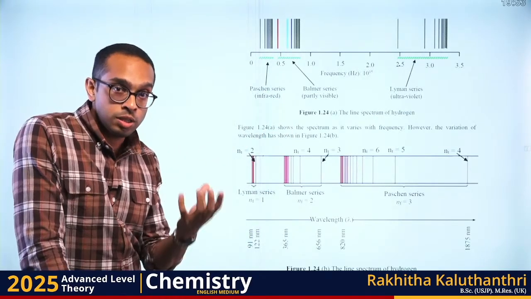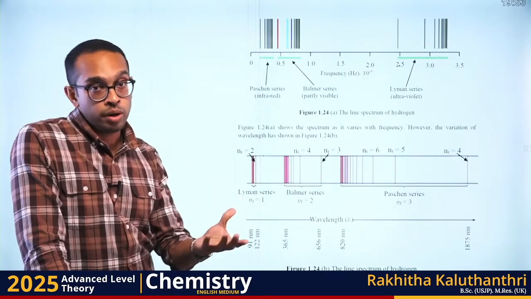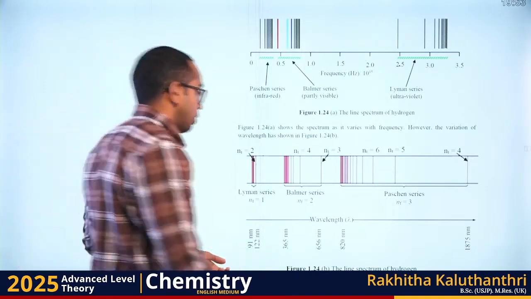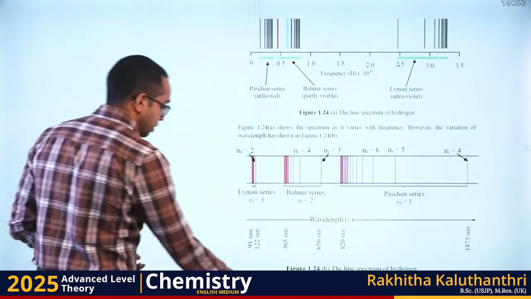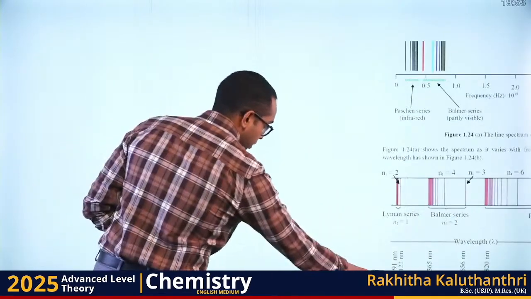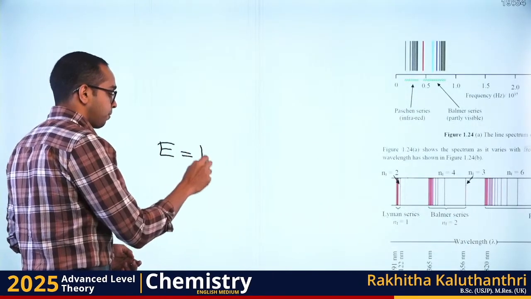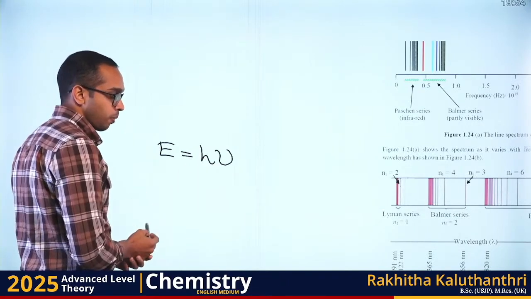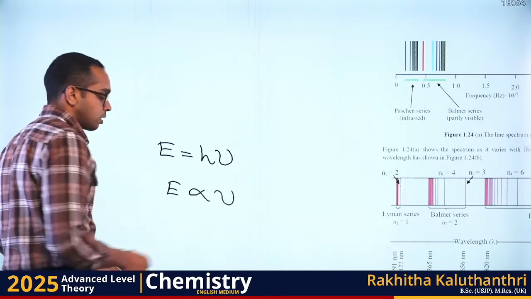So hydrogen's emission spectrum can be drawn as a frequency distribution or as a wavelength distribution, but majority of the time we prefer to use the frequency distribution, because then we can easily talk about energy of each of these lines because of this relationship, and we know as the frequency increases, energy increases.